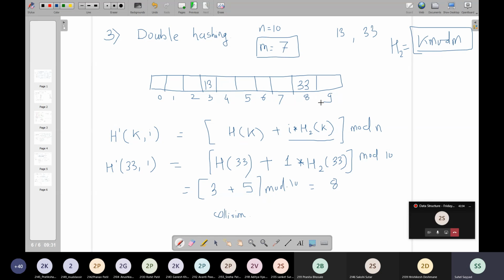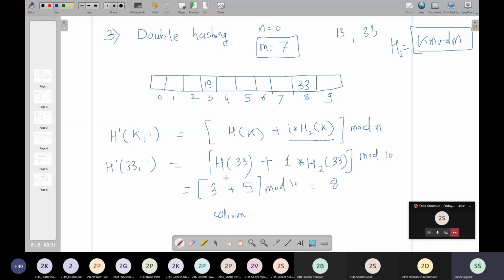Is it understood how it came out to be 8? See, my dear students, the second hash function is based on m. The value of m is 7, not 10. So here also sometimes silly mistakes do happen. h2 is basically a different hash function, based on the value of m. m is 7, so 33 mod 7 you should do for h2.